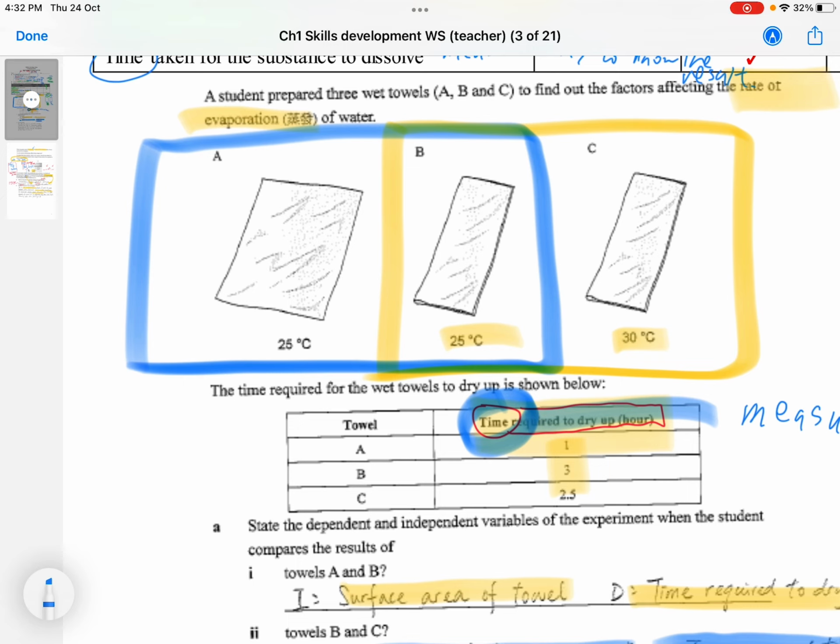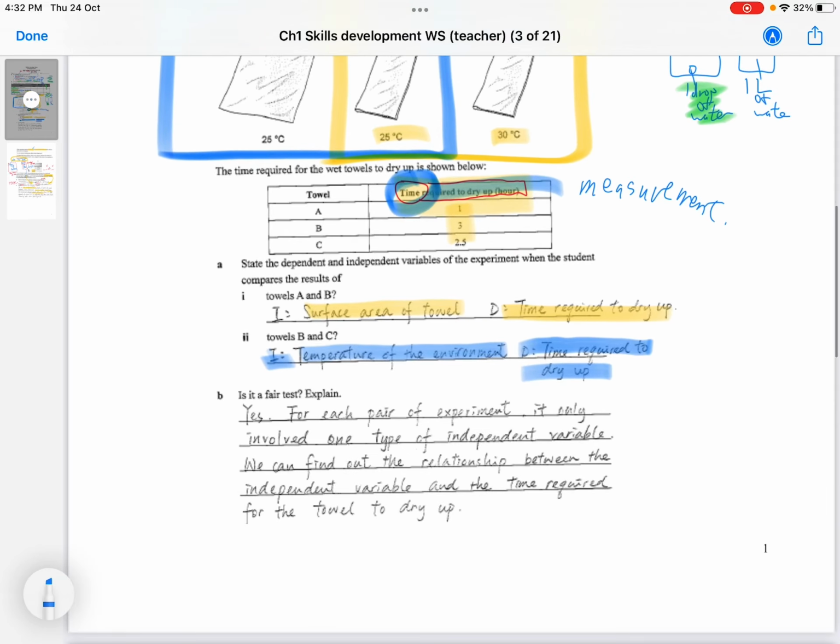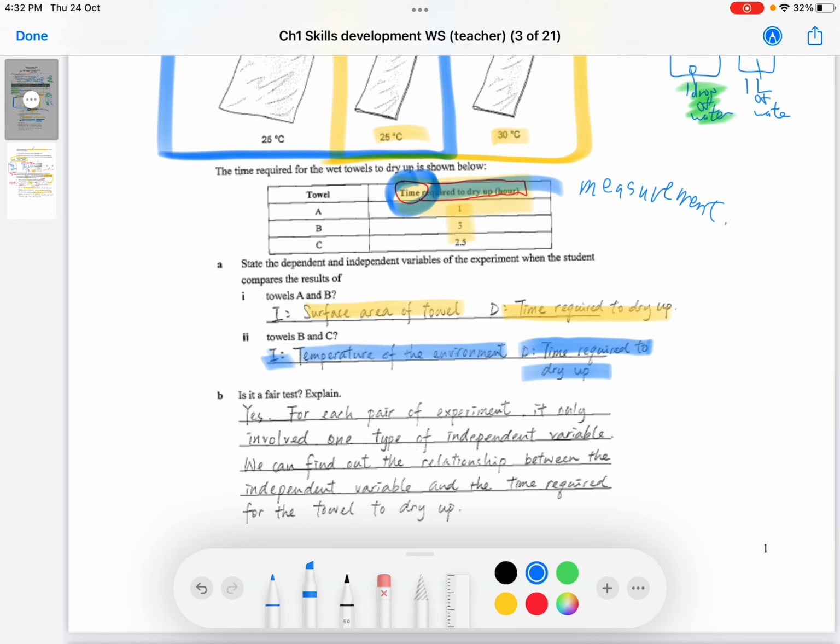For the set circled in yellow, that is B and C, the only change is the temperature。但係每一做呢 set A 同 B 個 set 溫度一樣，只係得表面面積唔一樣啫。黃色個 set 嘅大家嘅大細一樣，唯一唔同嘅係 temperature。So I will say that these 2 sets are fair comparisons because in each of the pair of experiments, only one type of independent variable has changed, so that we can find out the relationship between the independent variable and the time required for it to dry up.